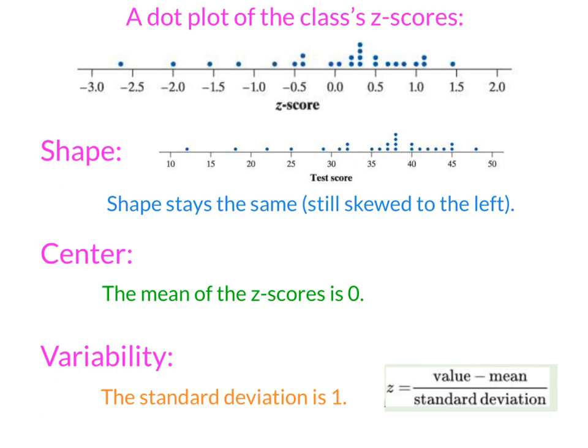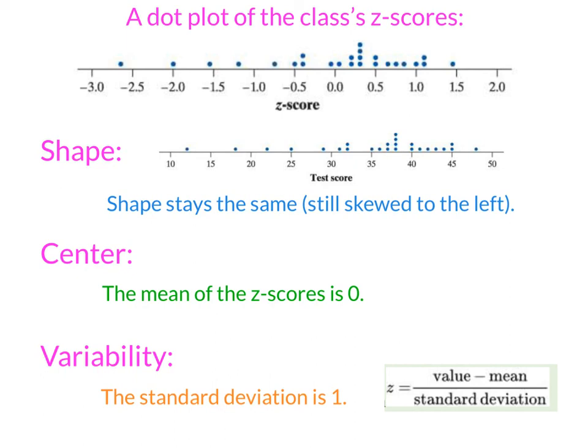Lastly, the measure of variability that I think is most important here is standard deviation. So the standard deviation of all of these z-scores is going to be 1. So remember how we got all those z-scores: we took all of these individual values, we subtracted the mean, which is about 35, and we divided by the standard deviation, which was almost 9. It was about 8.77.